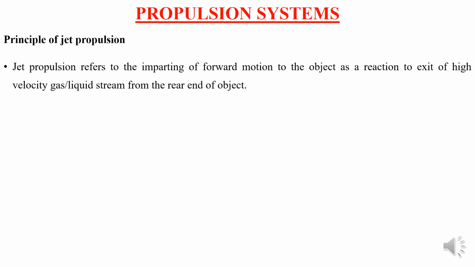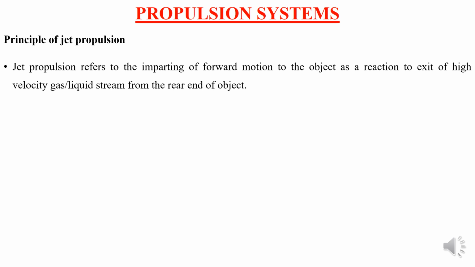That means we are burning the fuel on one side, and it produces the force. If that force is more, then we will get the equal and opposite reaction, so that your object can be lifted and it can fly in the air. So that is the basic principle involved in the jet propulsion system.